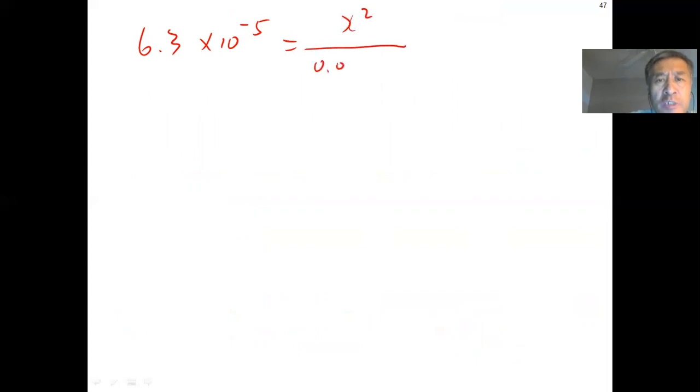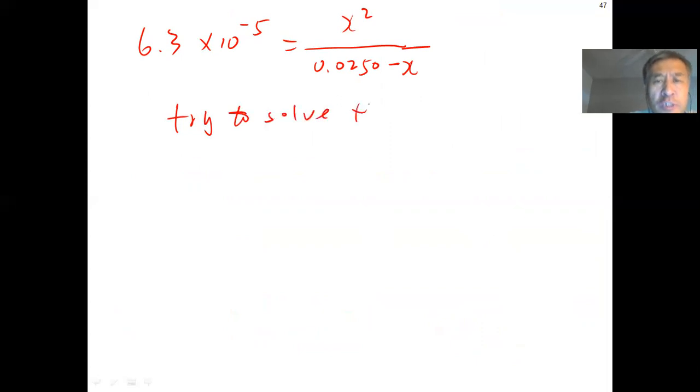So far we have our quadratic equation: 6.3 times 10 to the negative 5 equals x squared divided by 0.0250 minus x. We always try to solve the equation as simply as possible.